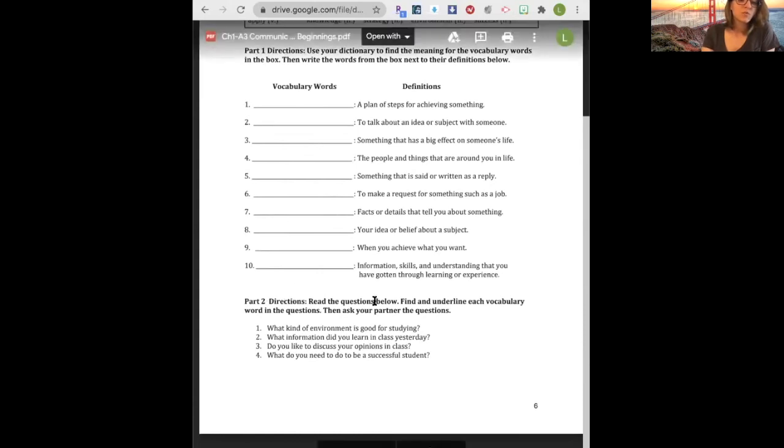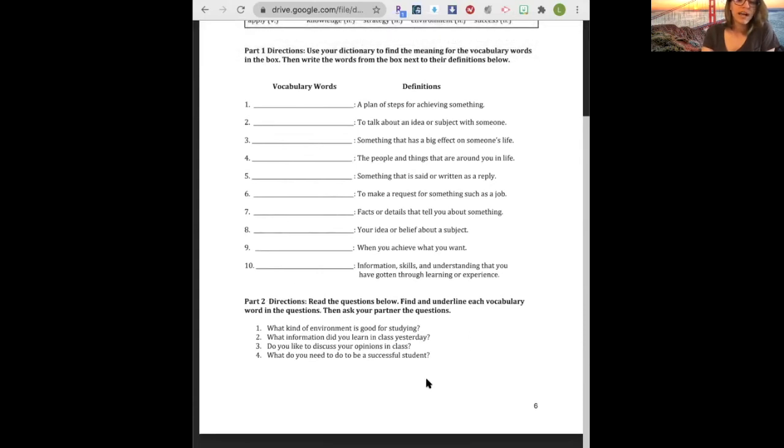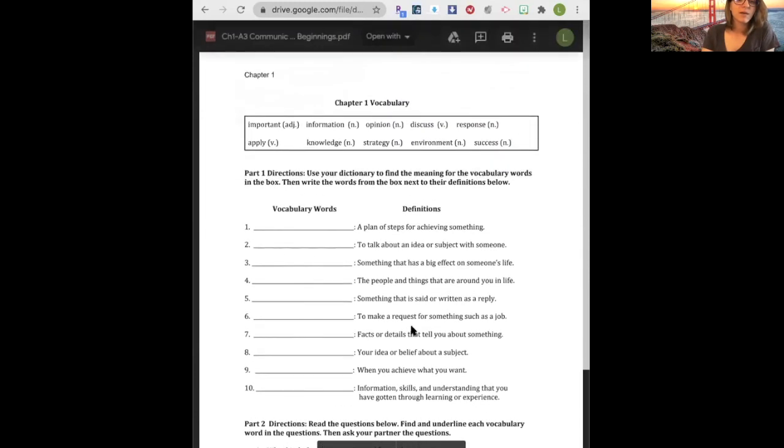Part 2 is read the questions below, find and underline each vocabulary word in the questions, and then ask your partner the questions. So what kind of environment is good for studying? I'm going back up to my box. What environment is good for studying?